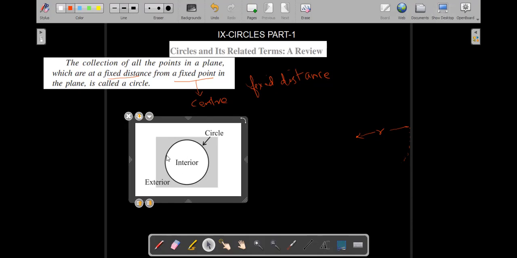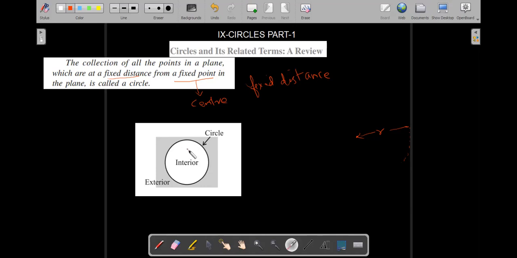This is inside the circle. Then this line, which is showing the circle, and then outside the circle. So this portion inside the circle is called the interior of the circle. This whole portion is called interior.